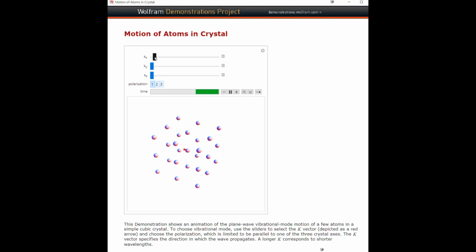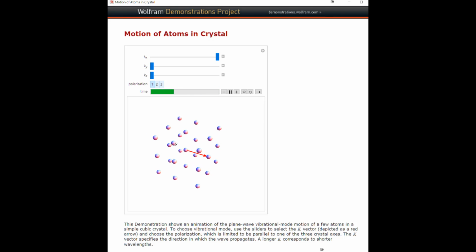Think about sine with a really low value for k. So you're going to have super long wavelength modes going through your crystal. If I go higher on k, then I will increase the vibrations in this direction. And if I go really, really high, this is the highest possible k value, then you have oscillations like this.